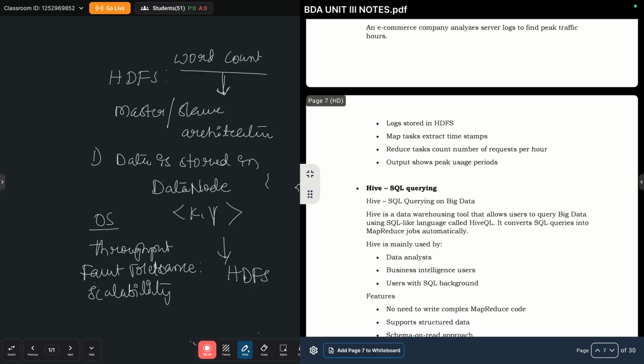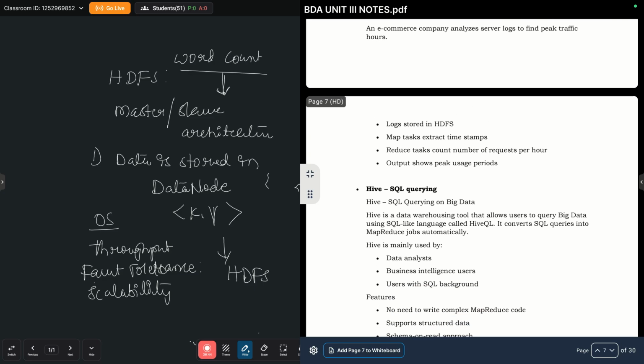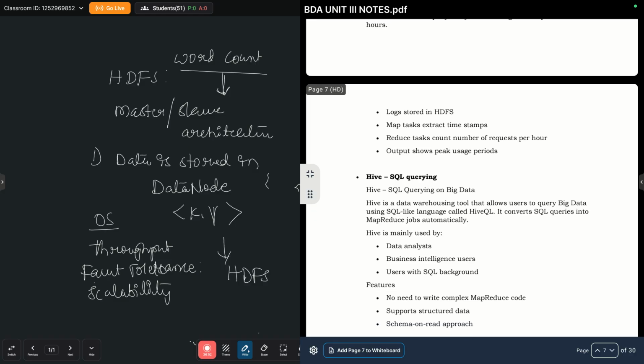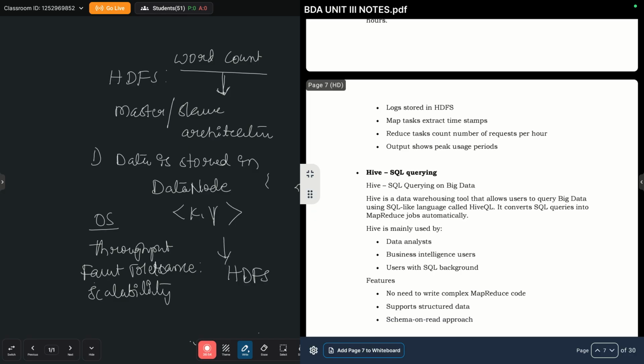For that, first the logs are stored in HDFS, split into blocks, and these blocks are stored in HDFS. The mapper task is to extract timestamps, that is, when the log was created. That information is extracted by using the mapper.